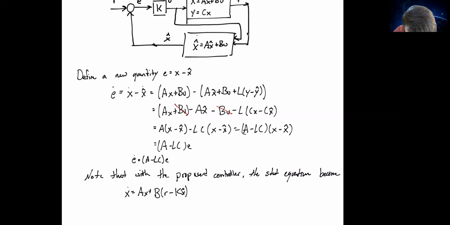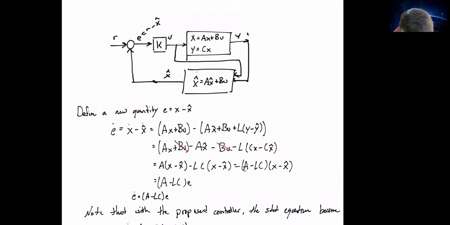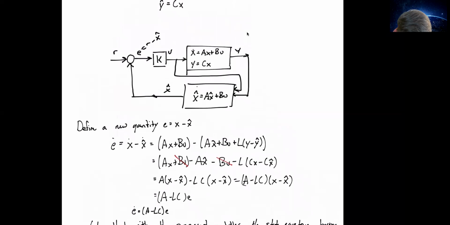So if we go back up here, we get that our u is equal to K times e. Should it be r? Let me make sure that I do this right.